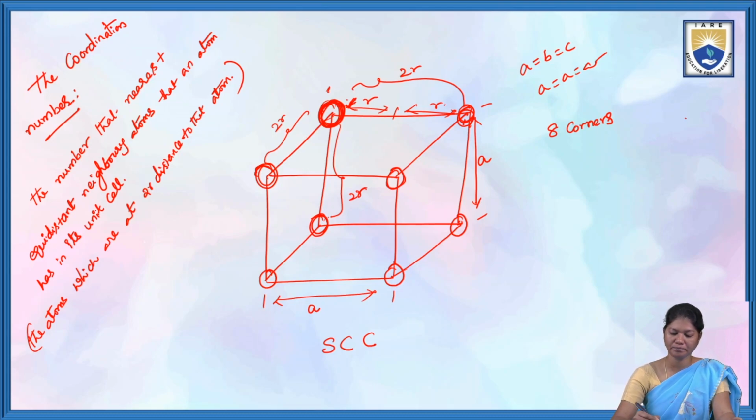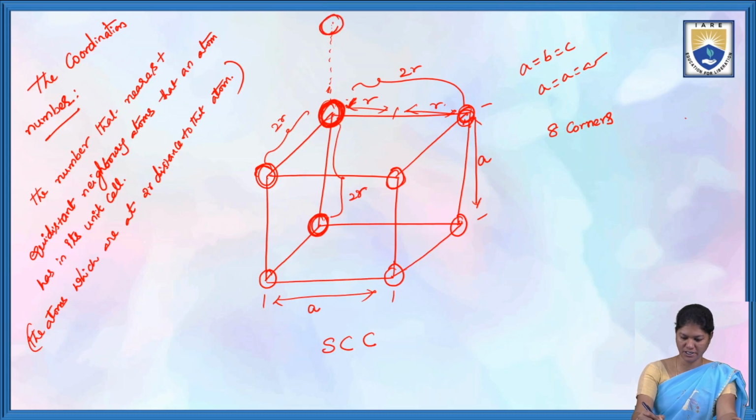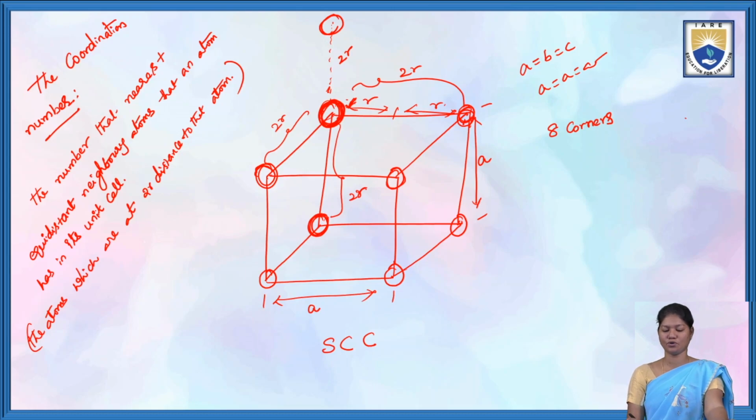So, inversely to this atom, there is another atom which is at 2R distance. That is this one.